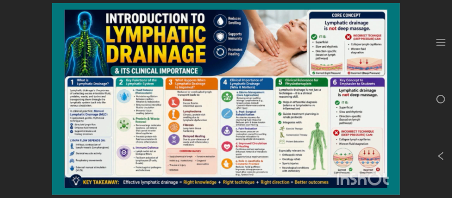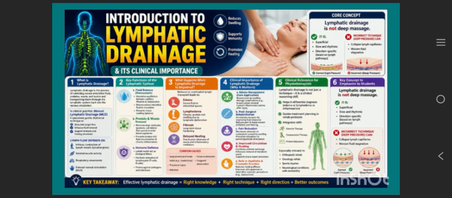Like edema, that is excess fluid in interstitial spaces. Second is lymphedema, that is chronic protein-rich swelling due to lymphatic dysfunction. Fibrosis, that is long-term tissue hardening.